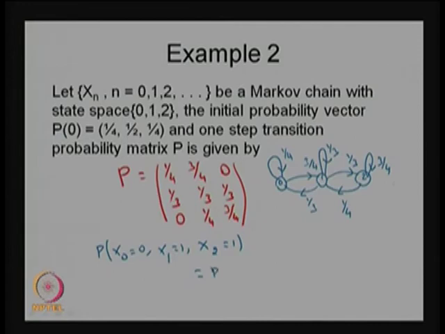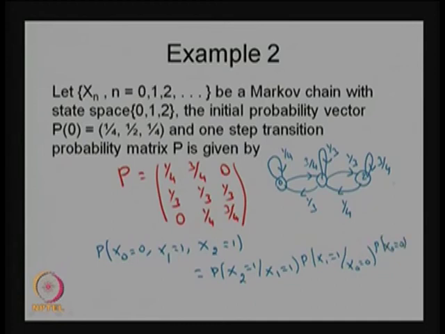By using probability theory, the joint distribution is the product of conditional distributions, and by using the Markov property you reduce it to another conditional distribution. So, this is the probability that X2 is equal to 1 given that X1 is equal to 1, multiplied by the probability that X1 is equal to 1 given that X0 is equal to 0, and the probability of X0 is equal to 0.